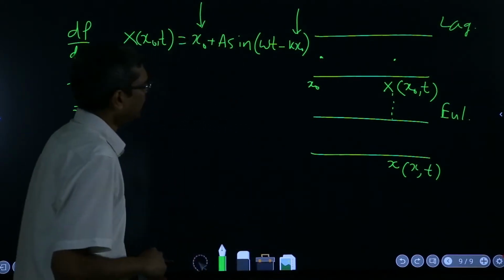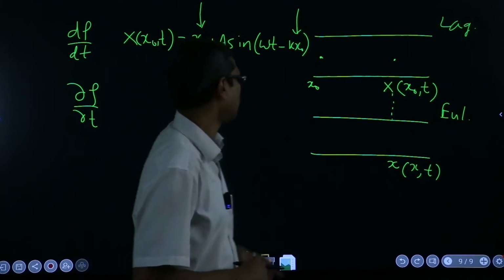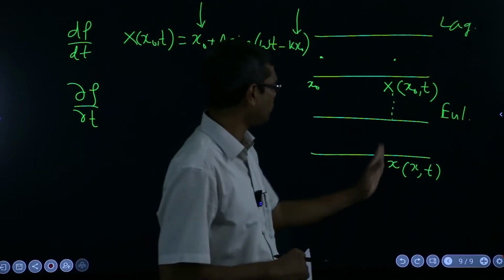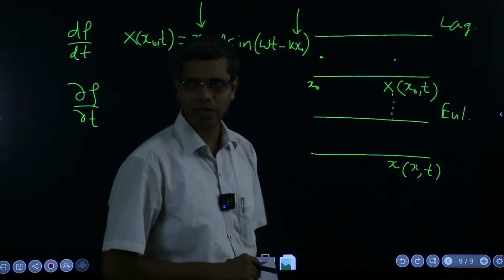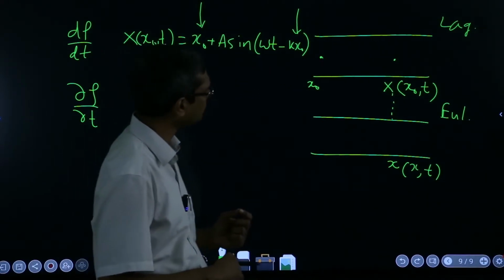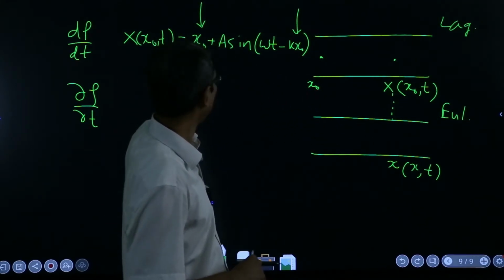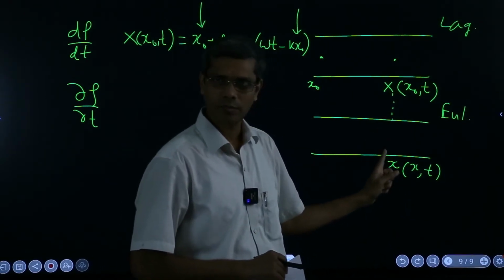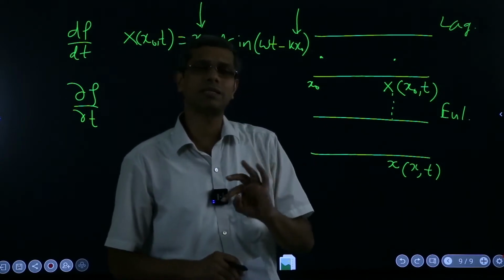Now, but then what is this? If you are sitting at a location x and talking about the displacement, then what you are asking is that at different times, differently named particles will come to this location, and you are looking for their displacement.